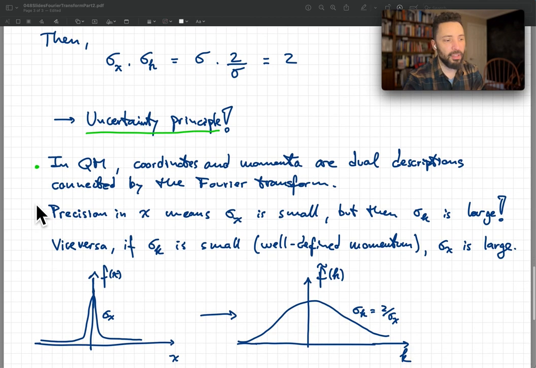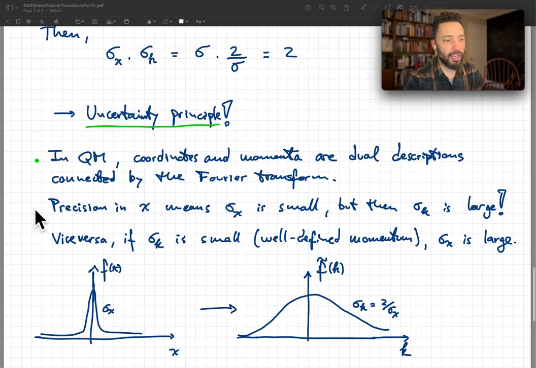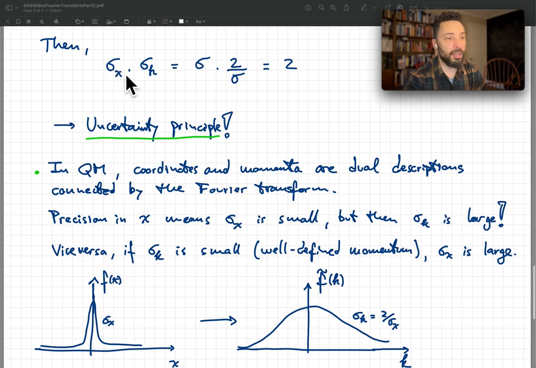If you have a system described in x space with good precision, meaning sigma x is small, so you have good knowledge of where the system is, then sigma k will be very large, because sigma x times sigma k always has to equal 2, and sigma k has to be very large to compensate.